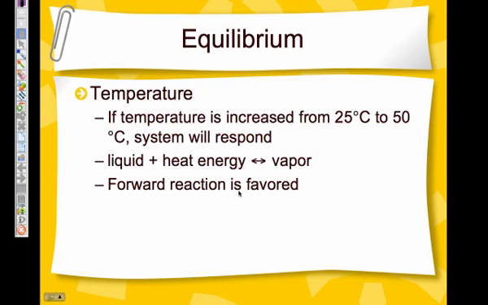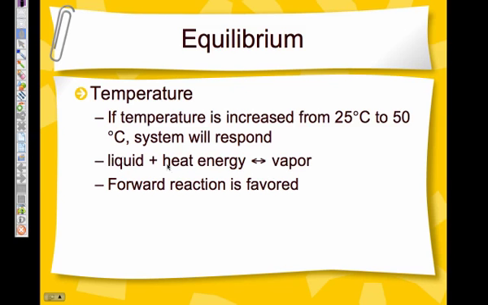So if we're at equilibrium, we change temperature. If the temperature is increased from 25 to 50 degrees Celsius, the system will respond. So will we have more liquid or more vapor form? More vapor will form, right? There's going to be more evaporation. So that's why we say the forward reaction is favored, because we're going to get more vapor.